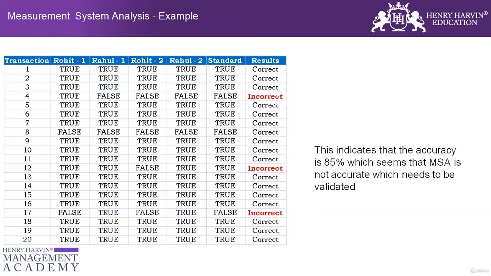Then I'll try to identify what formula Rohit is using for calculating. It seems that he's using a different formula or a different technique, and therefore I would like to coach him and reassess it. Even if he is still making an error, then we would definitely go ahead and change the operator and make sure that the measurement system is good to go.